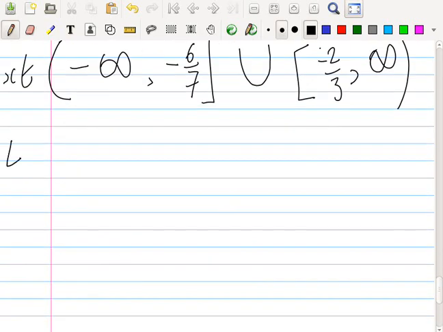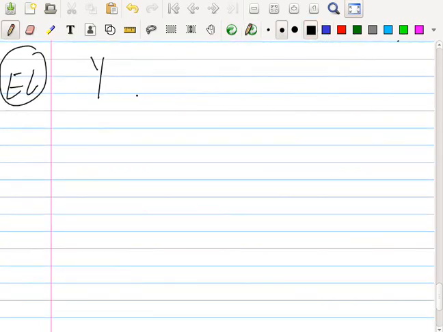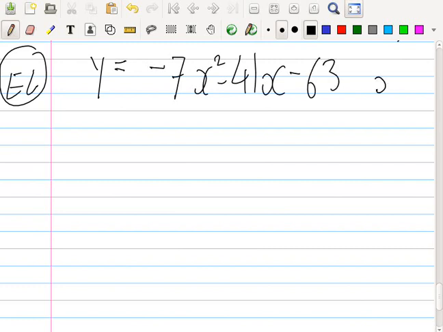So what I'll do is this one here. y equals minus 7x squared minus 41x minus 63, and x is your real number again.